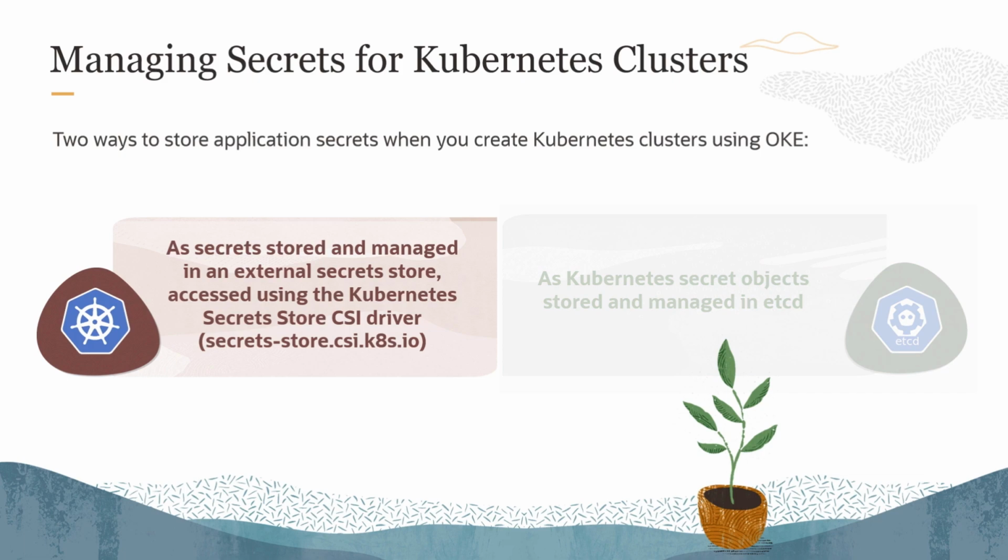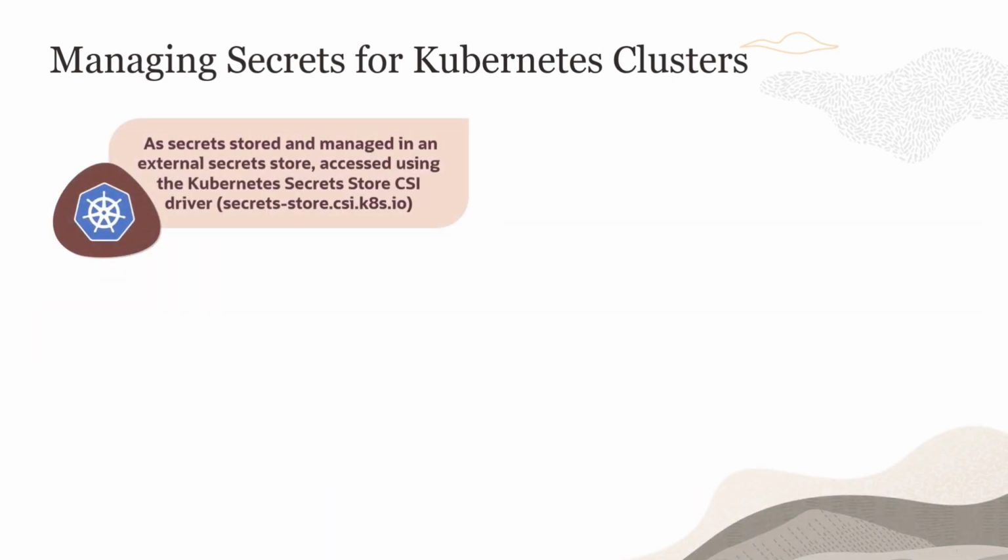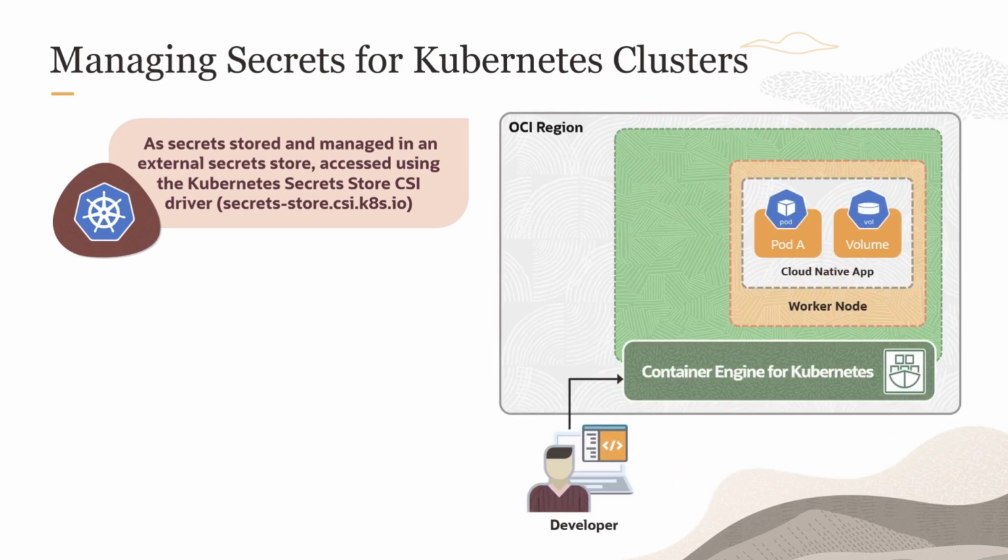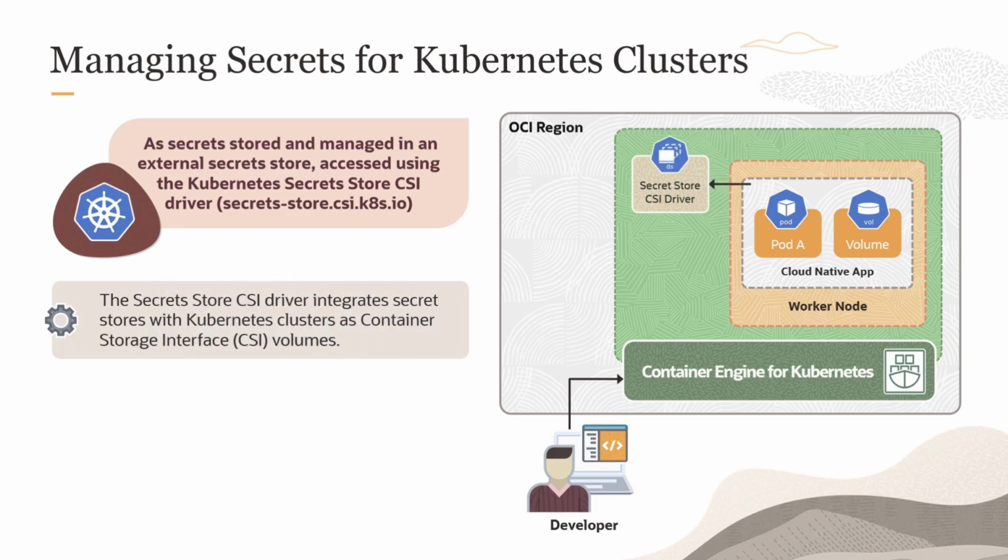Let's dive into the first method of storing secrets in an external secret store accessed through the Kubernetes Secrets Store CSI driver. This integration allows Kubernetes clusters to mount multiple secrets, keys, and certificates into pods as volumes.